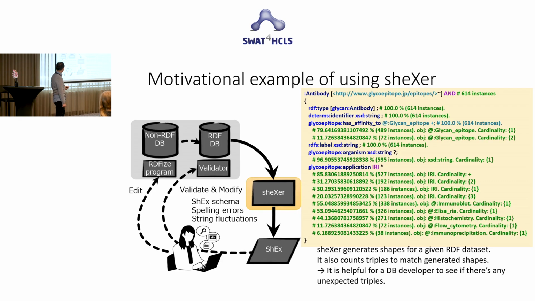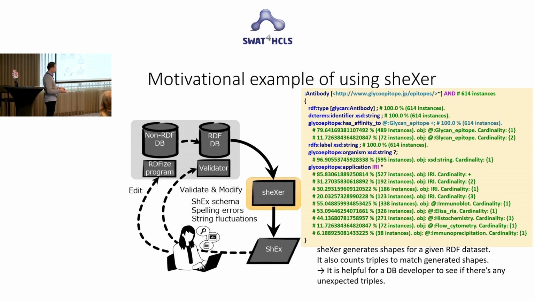Okay, and this is one example of using SHECL in the life science domain. Usually we develop an RDF dataset by using a computer program that converts from existing non-RDF datasets such as CSV or MySQL.